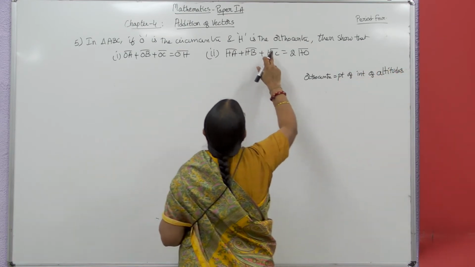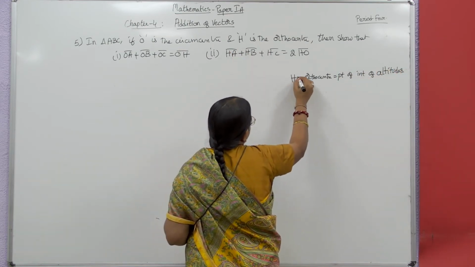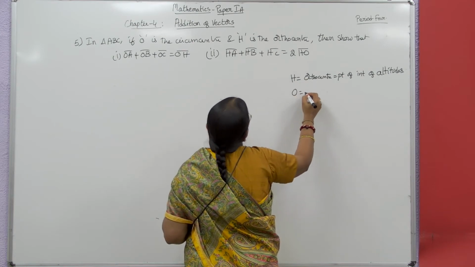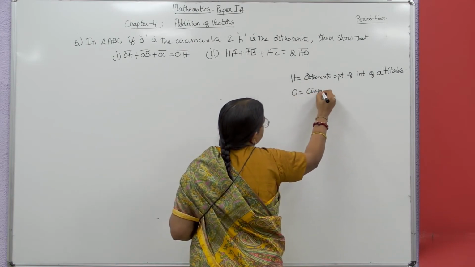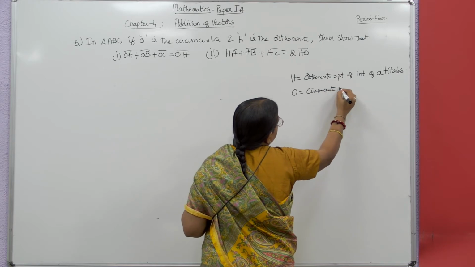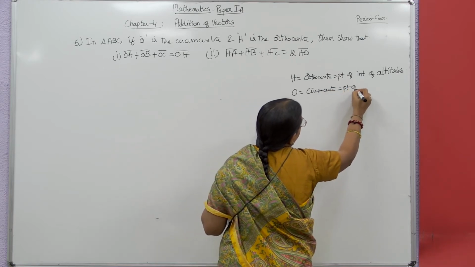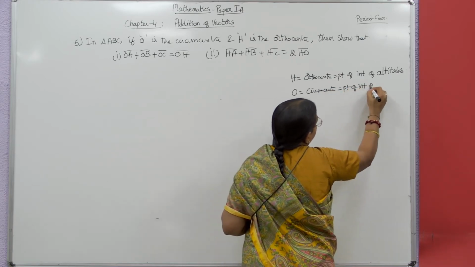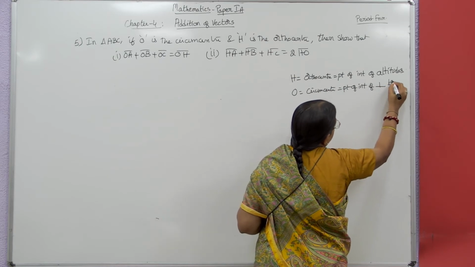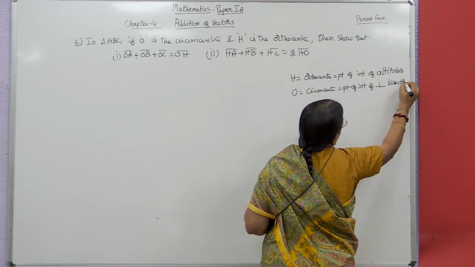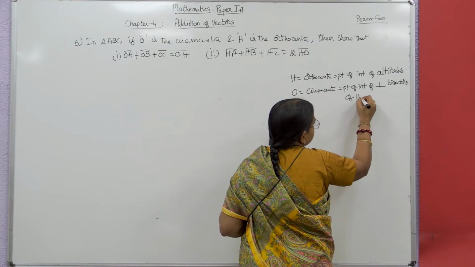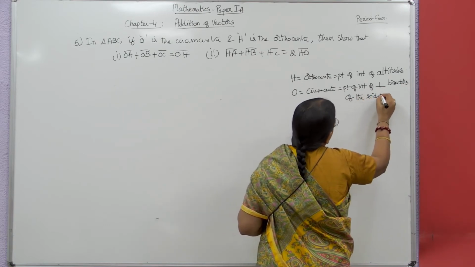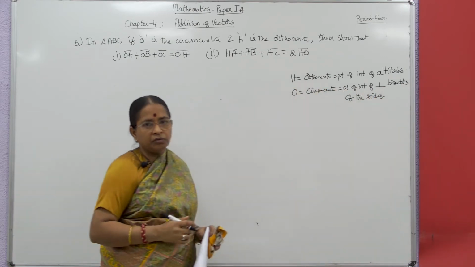So this is orthocenter, our H, and O is the circumcenter, the point of intersection of perpendicular bisectors of the sides of the triangle. So these are H and O.